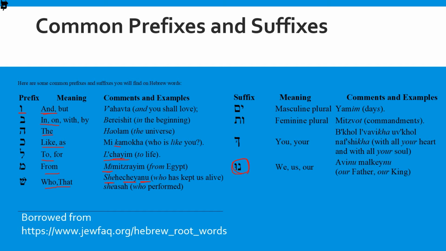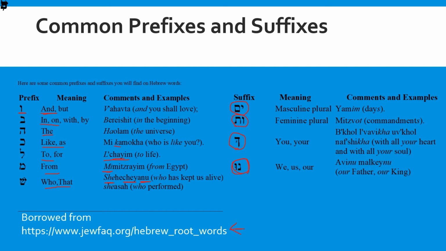A few other suffixes are cha, which means you, as in nafshecha, your heart, your soul. And then we have ot, which makes it plural, makes it more than one if it's a feminine word, and im, which makes it plural or more than one if it is a masculine word. And again, we've got a little reference down here if you guys want to check that out.